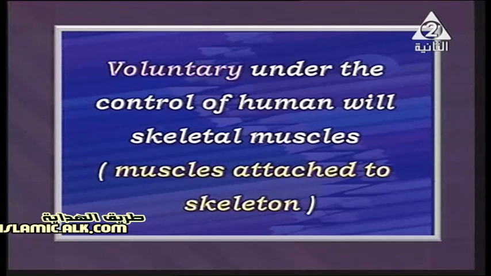Muscles attached in the upper limbs, lower limbs, muscles of your back, muscles of your face, you can control them. The abdominal muscles are also voluntary, under the control of your body, like muscles attached to the skeleton, skeletal muscles.